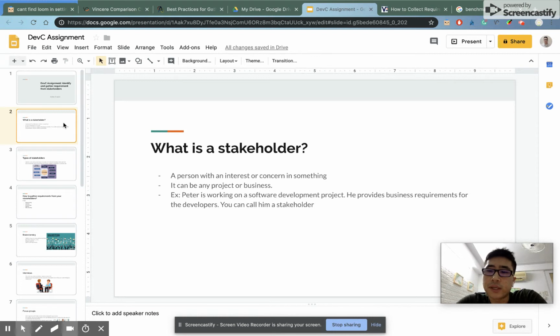So what is a stakeholder? A stakeholder is a person with an interest or concern in anything, and it can be any business, any project. For example, Mr. Peter is working on a software development project.